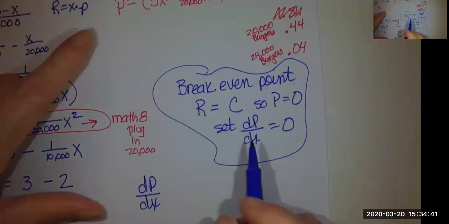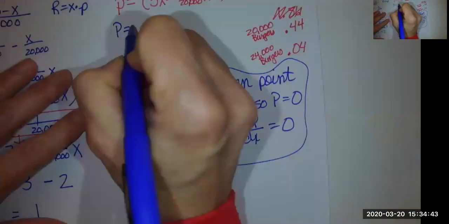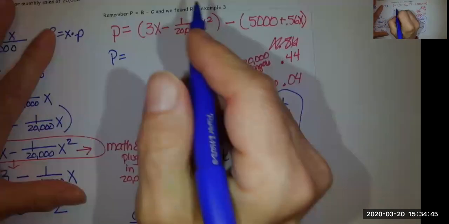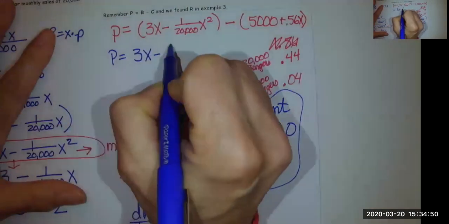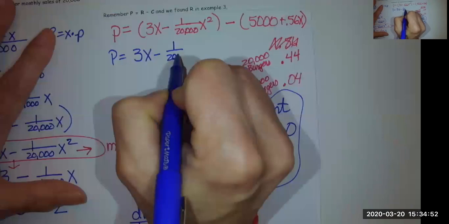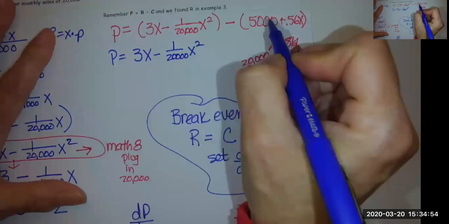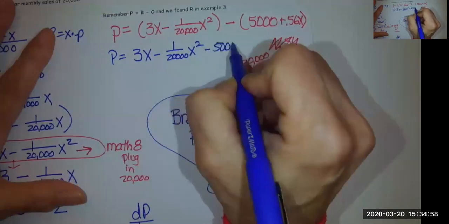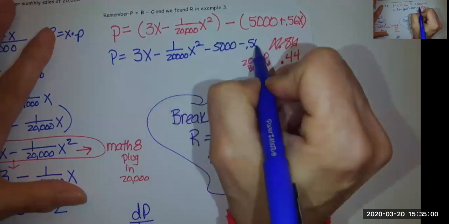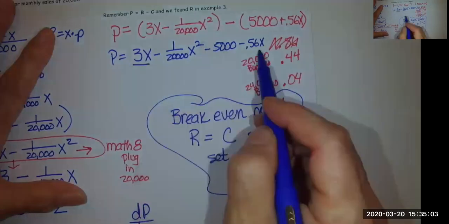So I'm going to clean this up a little bit and say that P equals 3x minus 1 over 20,000 x squared minus 5,000 minus 0.56x.